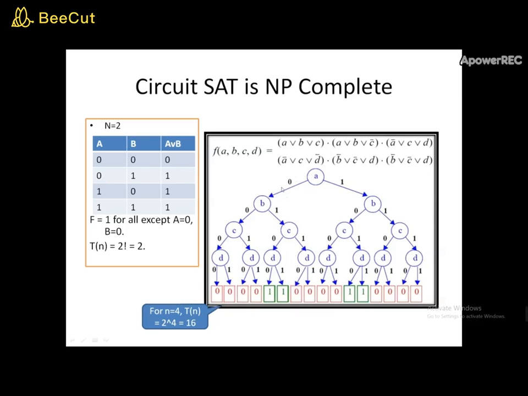So assign A equal to 0, B equal to 0, C equal to 0 and D equal to 0 in this expression. If you assign all these values as 0, you will get the output F as 0. And similarly, if you assign 0, 0, 0 and D equal to 1, you will get the output as 1. So what are the combinations that are satisfiable here?